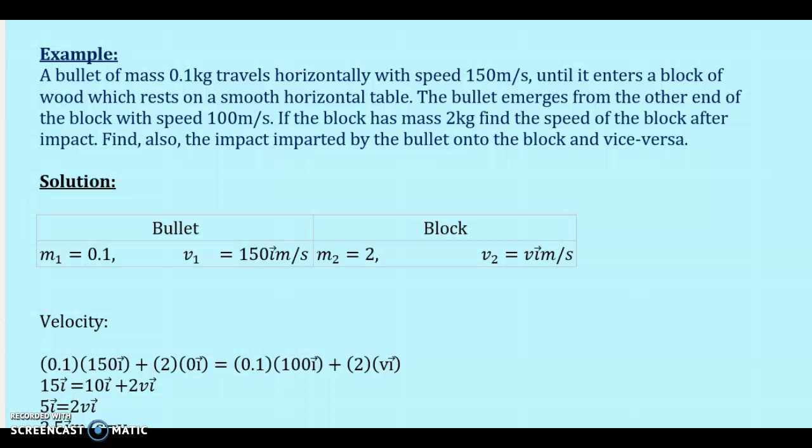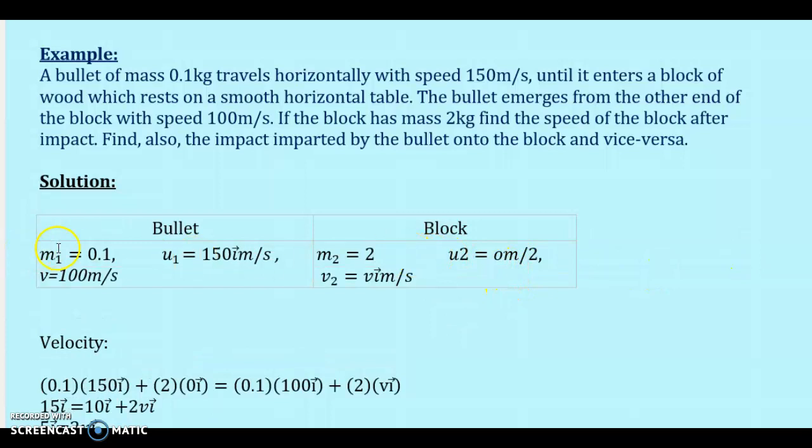Okay. So before I decide how I'm going to do this, I'm going to write down all the information I have. So for the bullet, I have a mass of 0.1 and an initial velocity of 150i meters per second. And then for the block, I have a mass of 2 kilograms and an initial velocity which is 0 and a final velocity which is v.